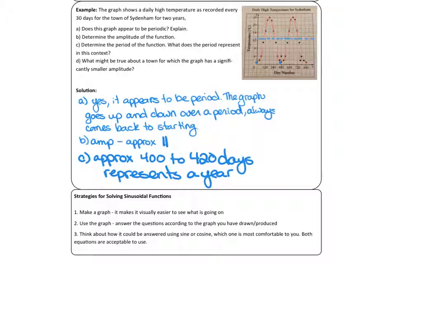What might be true about a town for which the graph has a significantly smaller amplitude? If it's a smaller amplitude, it might be somewhere where the temperature is not so drastic. Notice that this one goes from 0 to 24. If it has a smaller amplitude, it's probably somewhere where the weather is more consistent through the year. So it might be somewhere like Florida or California.